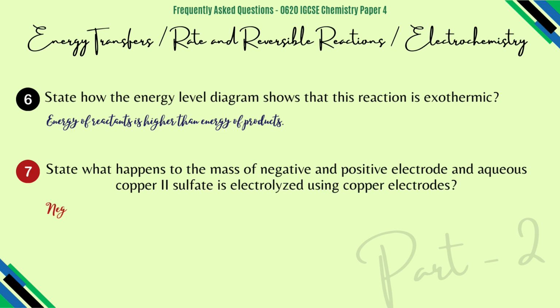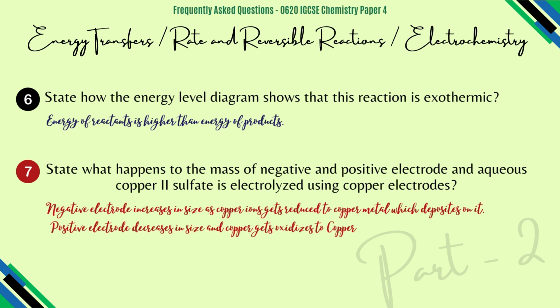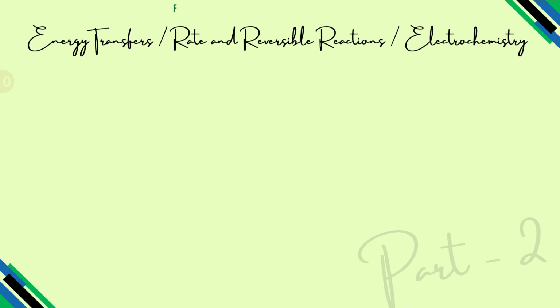When copper sulfate is electrolyzed using copper electrodes, which are the reactive electrodes, the negative electrode increases in size as copper ions get reduced to copper metal, which deposits on it, and the positive electrode decreases in size because copper gets oxidized to copper ions and moves into the solution.